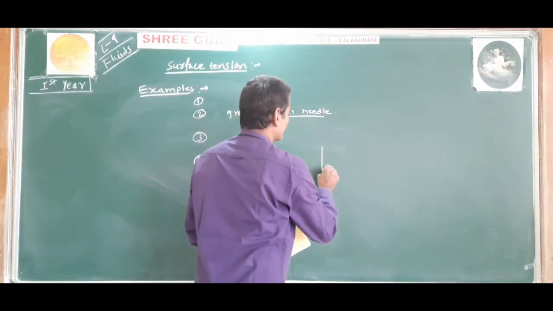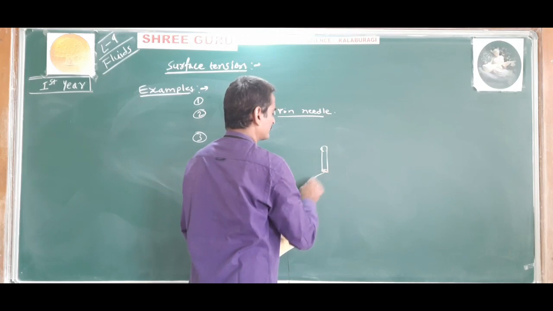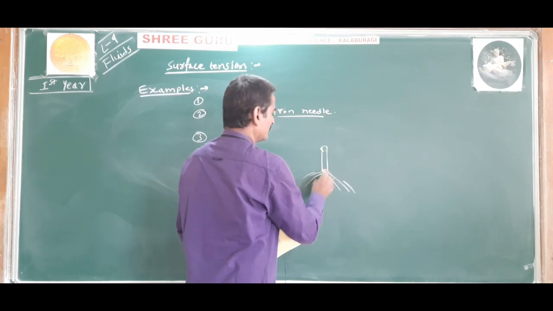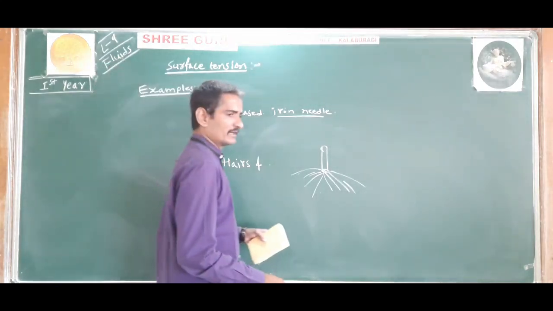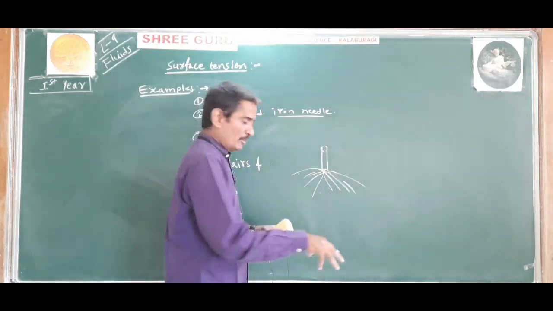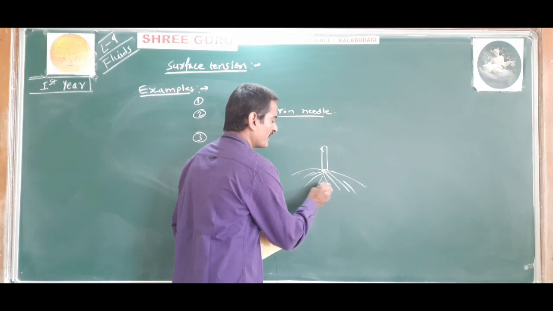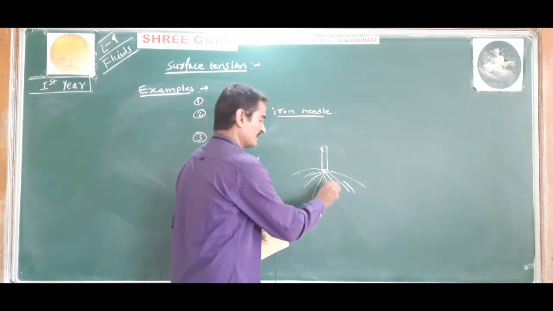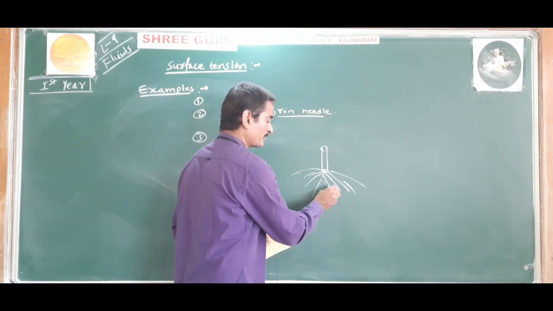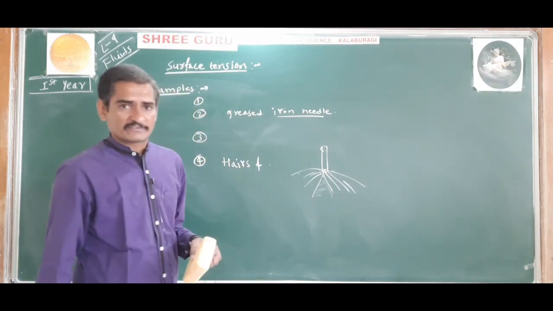Here, I will draw a simple diagram. Let us consider these all are the hairs of the brush. When the hairs of the brush are inside the water, they will spread. And when they are removed out of the water, an elastic liquid membrane is formed between the hairs.